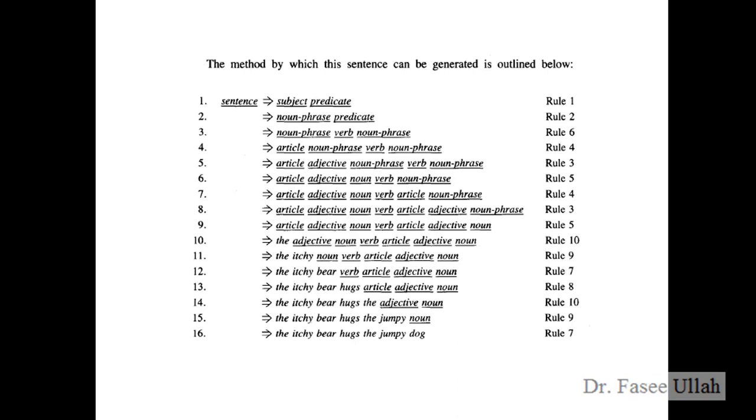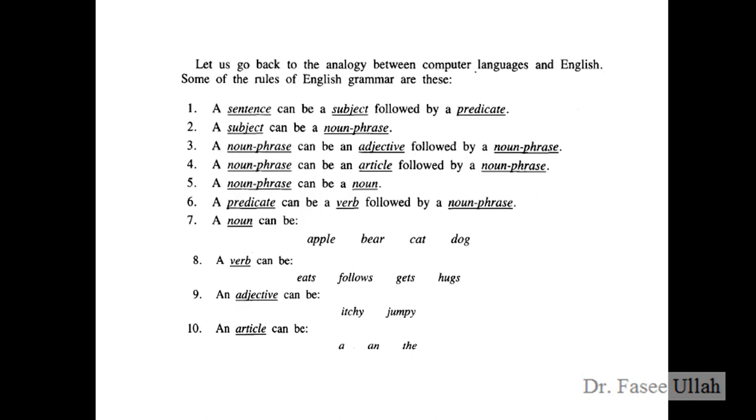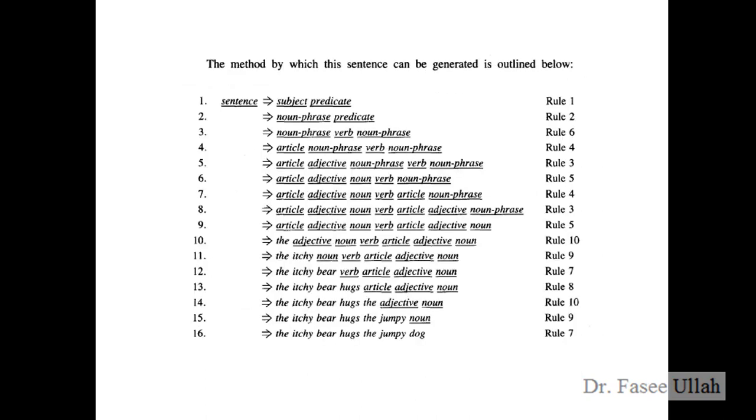Next, the method by which the sentences can be constructed is given below. In this we have 10 rules, and some or all of the rules have been applied over here in different sentences. For example, subject, predicate, noun phrase predicate, noun phrase verb noun phrase, article noun phrase verb noun phrase.